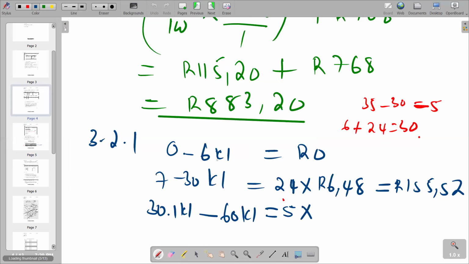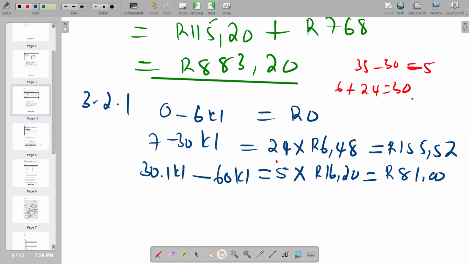So we do calculate it like that to see what we get. We say 5 times 16 rand 20 cents, and we get 81 rands.